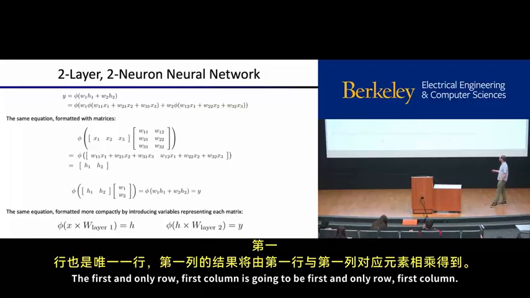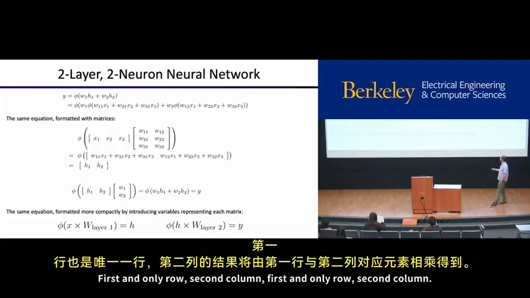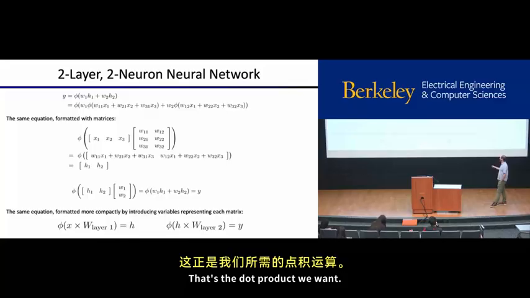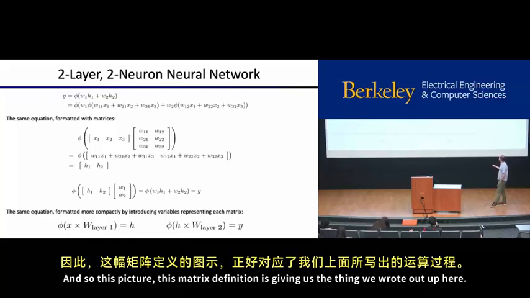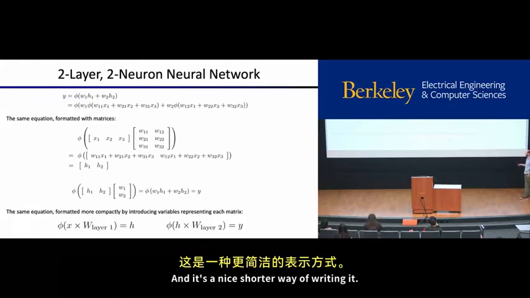The first and only row, first column, is the dot product we want. First and only row, second column, is also the dot product we want. And so this matrix definition gives us the thing we wrote out up here. It's a nice shorter way of writing it.